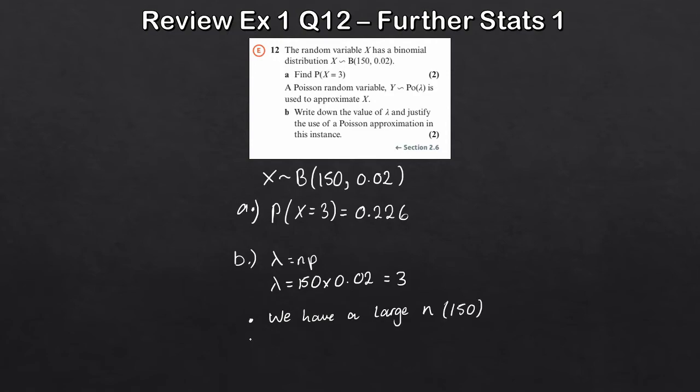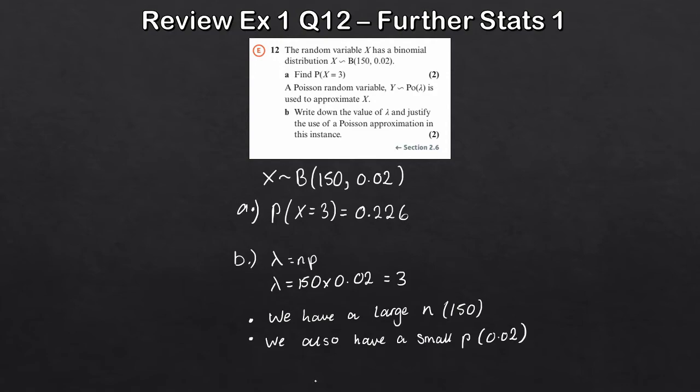That's my first point. We also have, the only other piece of information you can use here is your probability. So we also have a small probability, so a small p, so that's 0.02 or 2%.